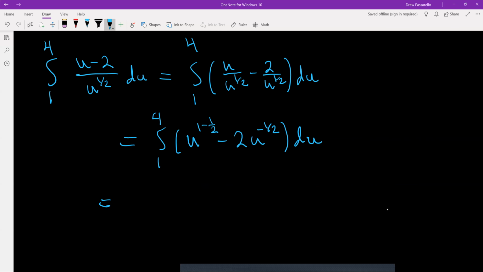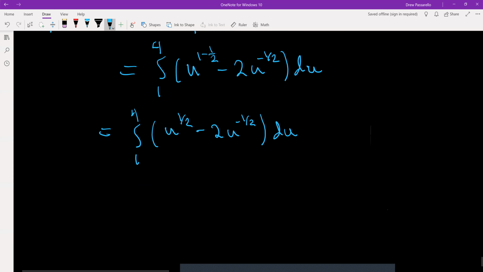So I'm integrating u to the 1/2 minus 2u to the negative 1/2. And then that's where I keep using that same power rule.